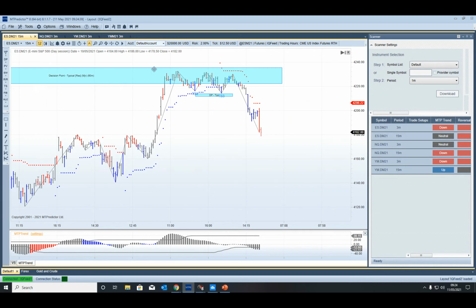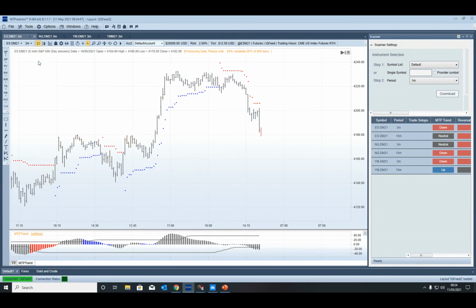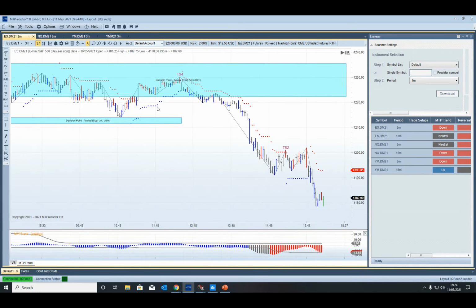Because you're at not the 15-minute resistance, but actually at 60-minute resistance. So it's just such a pity, really, that we didn't have any clear MTP trend or clear 15-minute DP to be able to come in to get that TS4 sell. That would have been nice, wouldn't it, to catch that?